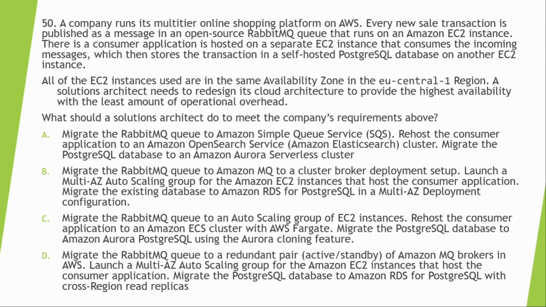Now let's see what this question is saying. There's a multi-tier online shopping platform. Whenever there is a new transaction, it is published as a message in a RabbitMQ queue, and that queue is running on an EC2 instance.